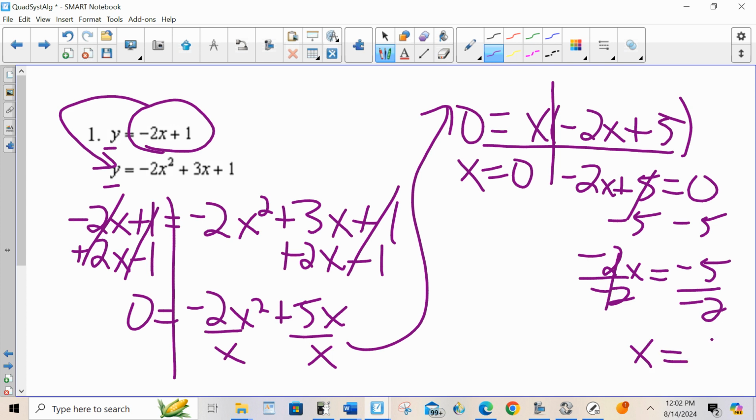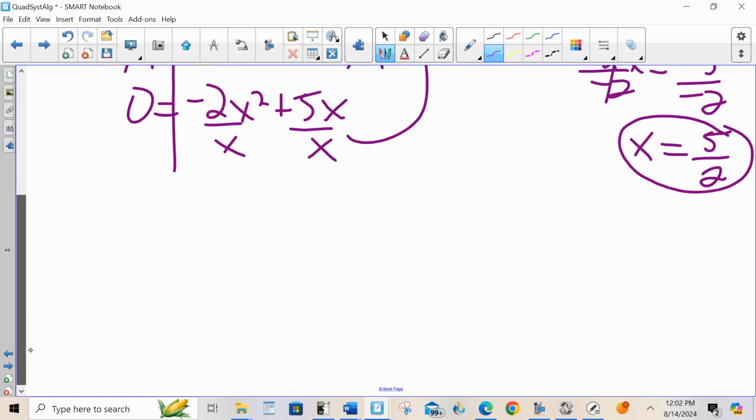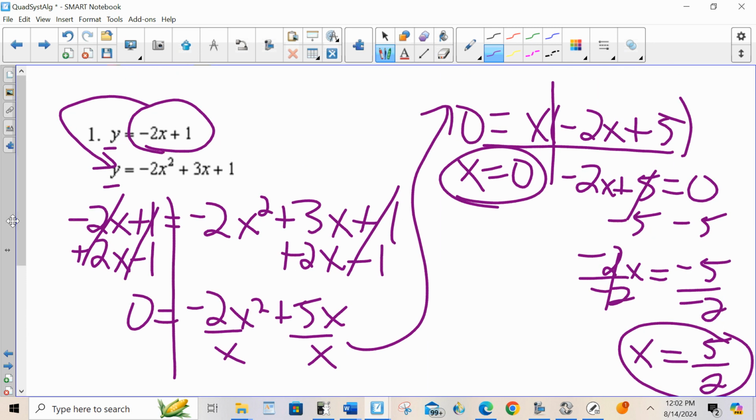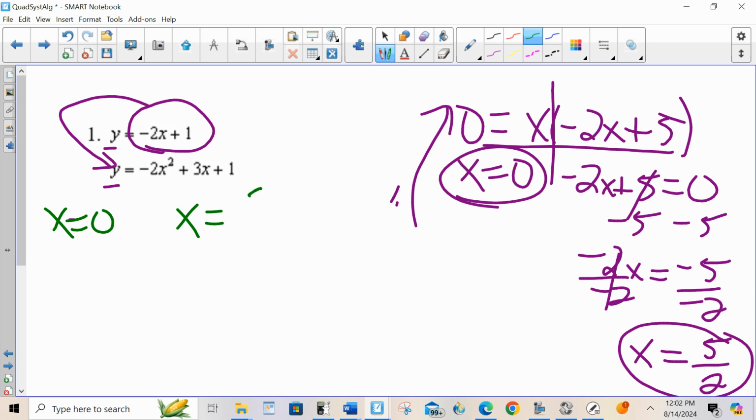You can leave it as a fraction, but a negative over a negative becomes positive. Those are my two x values. So I have x equals 0, x equals 5 over 2. Let's just clear some space. X equals 0, x equals 5 over 2.